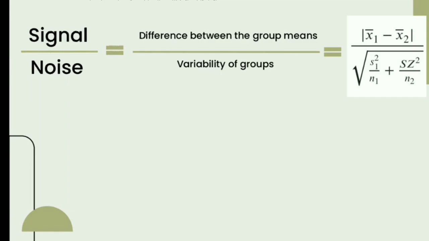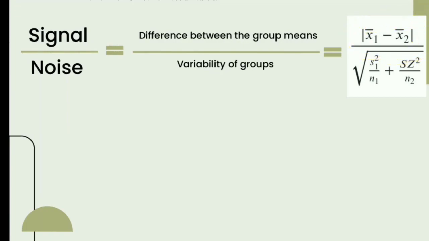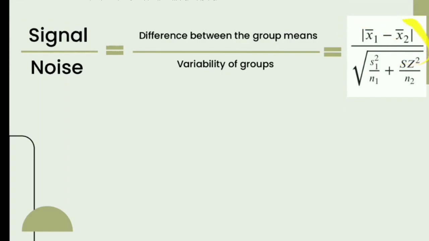So, how do we figure out the signal? The easiest way to do that is to simply find the difference between the two means. So, this is the means. If we calculate the mean of sample 1 and sample 2, we'll call them x bar 1 and x bar 2. The difference between the two is going to tell you how much signal there is.